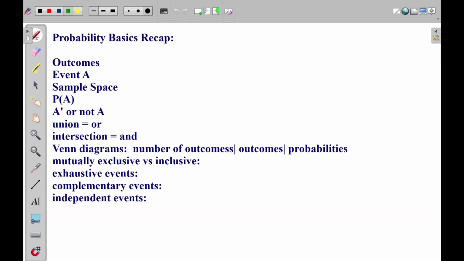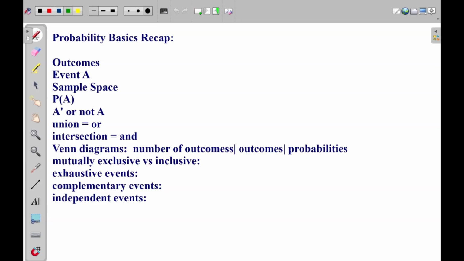Another important concept we looked into, in fact, someone asked a question on this, was the concept of mutually exclusive and mutually inclusive events, okay? We said two events are mutually exclusive if they do not have anything in common. In other words, the intersection is 0. And then obviously they will be inclusive if there's something in common and the intersection is non-zero.